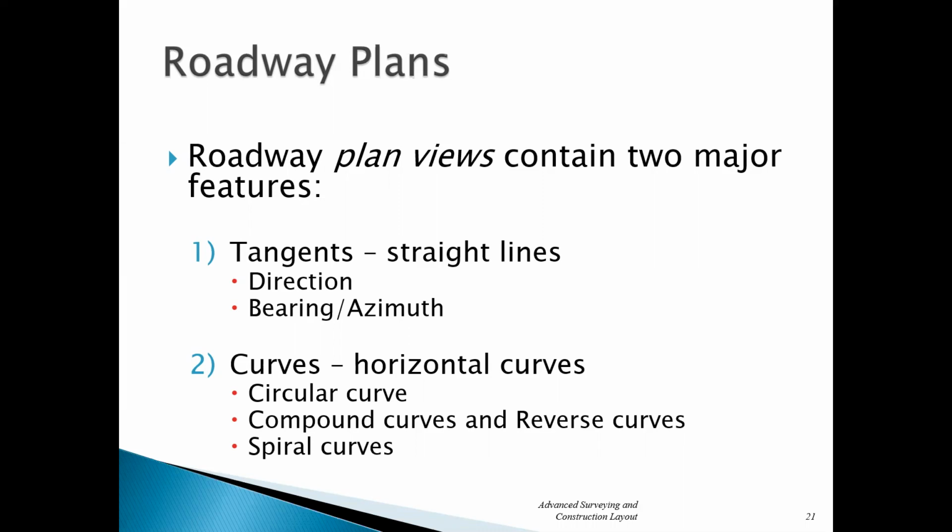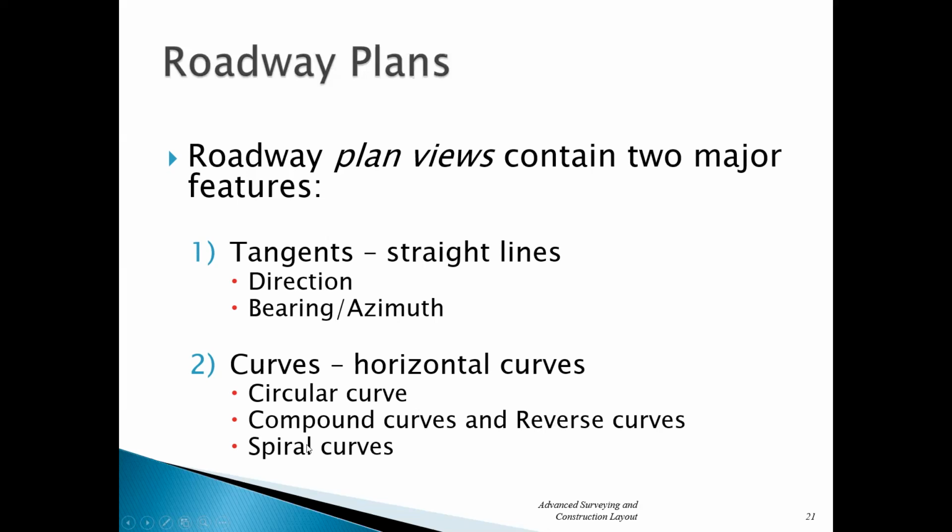We might have some compound curves, but we would probably never have reverse curves around here because they would be a problem from a velocity standpoint or dynamics of your vehicle. So the most common we would see are circular curves and spirals.